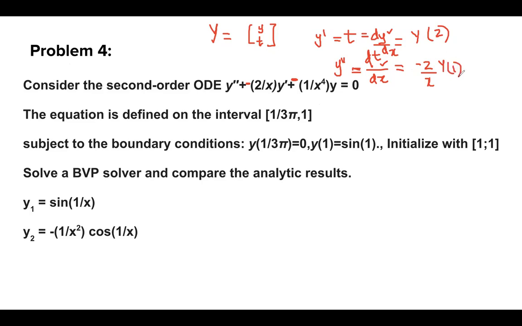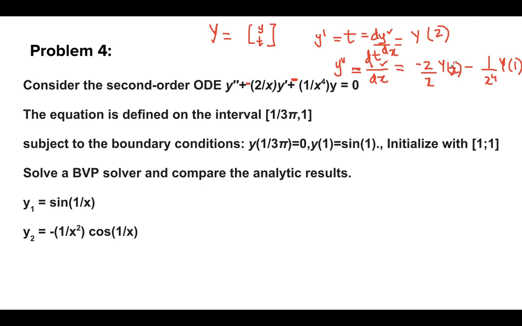That will be y of 1 minus 1 by x raised to 4 times y of 1. Y dash is what? Y dash is t, so it has to be 2 here.